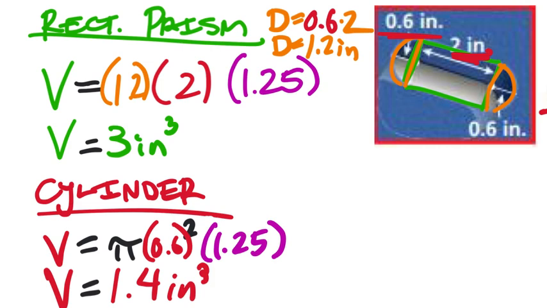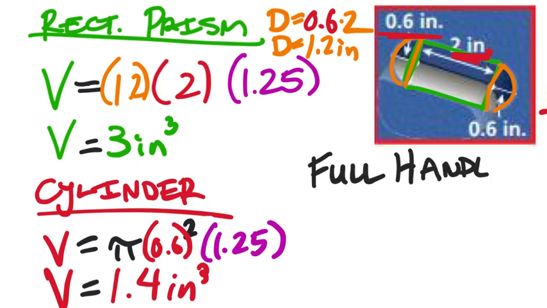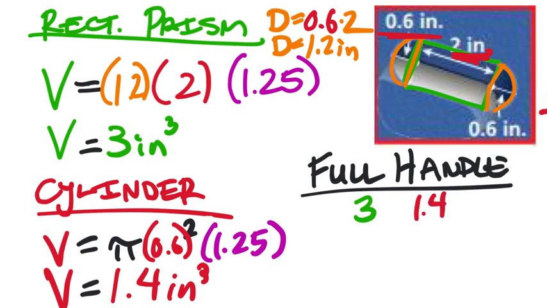Now remember, I want the volume of the full handle. So I would have to take the volume of the rectangular prism at 3 inches and the volume of the cylinder at 1.4 cubic inches, and I would need to add those together, which would be 4.4 cubic inches.